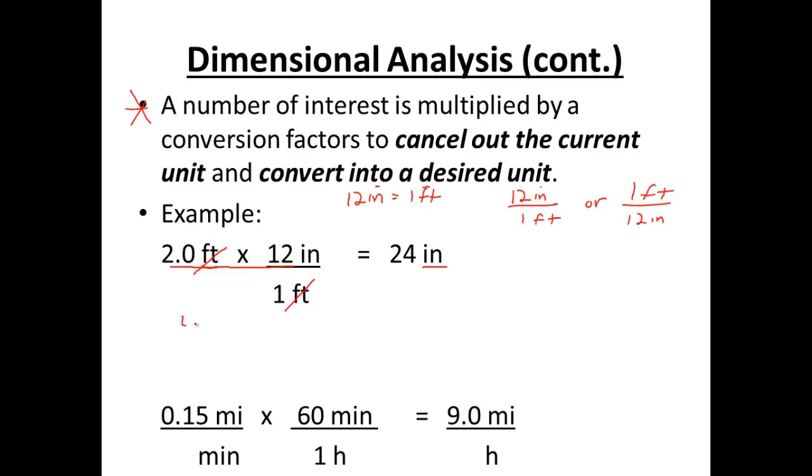Now let's say you had 48 inches. To make inches into feet, we would now use our second conversion. 1 foot on top, 12 inches on the bottom. Inches would cancel inches, and we'd be left with feet. So in the end, 48 divided by 12 would give you 4 feet.